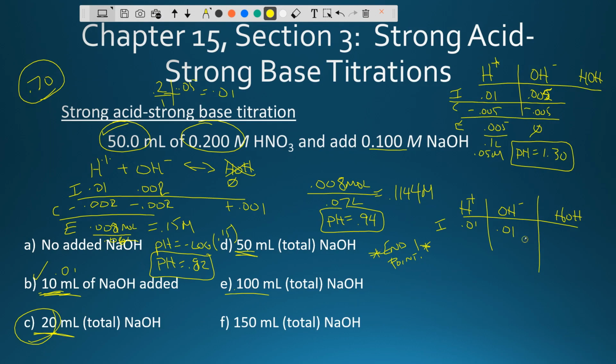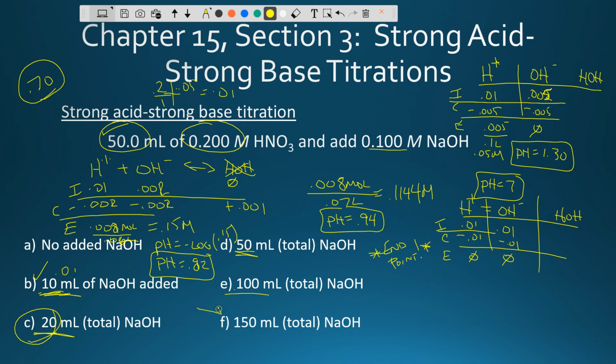It just means that I'm going to totally neutralize everything here. So I end up with a 0.01, subtracting that off. And so the change is this: at equilibrium, I don't have any more hydrogens and I don't have any more hydroxides. Well, what's the pH when the hydroxides equal the hydrogens? Well, the pH is going to be 7. What a huge jump we had from just adding 50 more milliliters in.